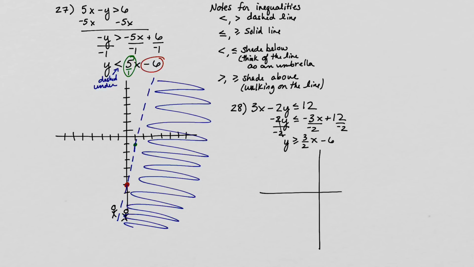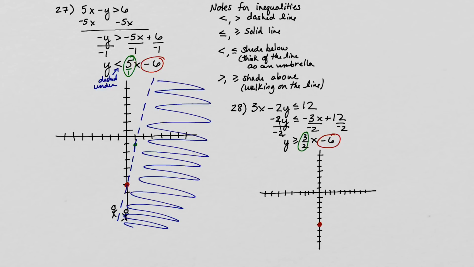I'm going to draw that xy plane. So remember, this here is saying go down to negative 6: 1, 2, 3, 4, 5, 6.